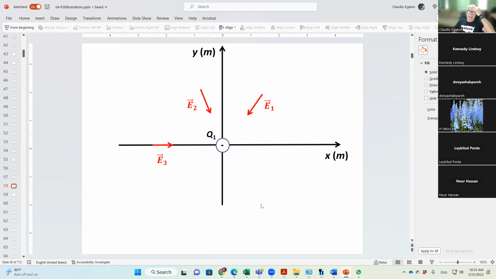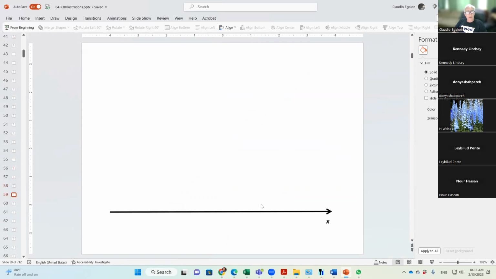Things start to become complicated when you have not just one charge, but 2, 3, 4 charges, and so on. Okay, so let's see. Here you go. We have an x and y axis, right? We have this little charge Q at the position minus A. This charge is positive, and you have another charge at position plus A, which, by the way, is also positive.